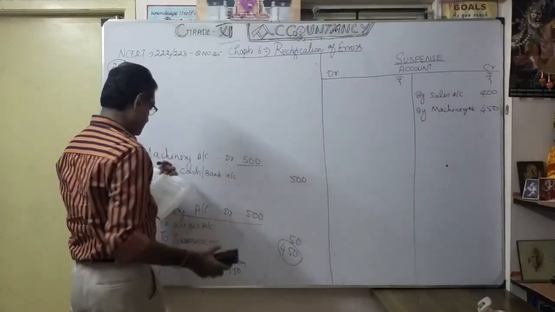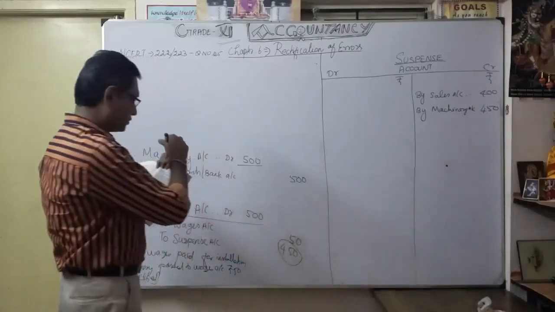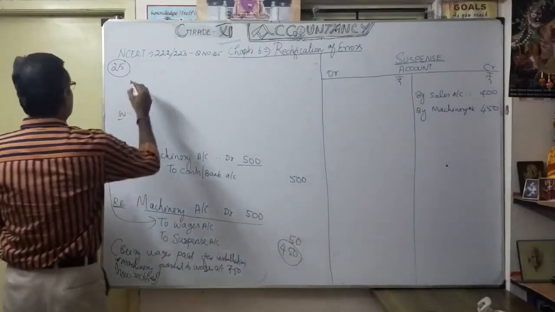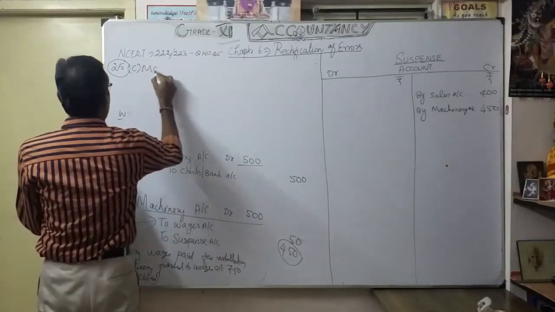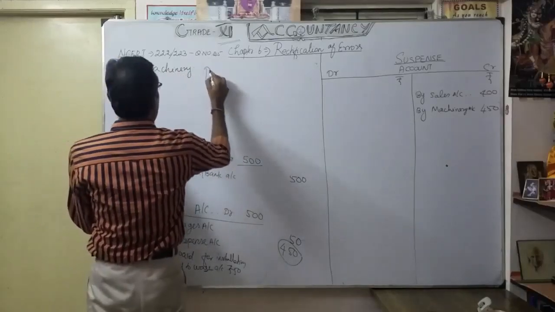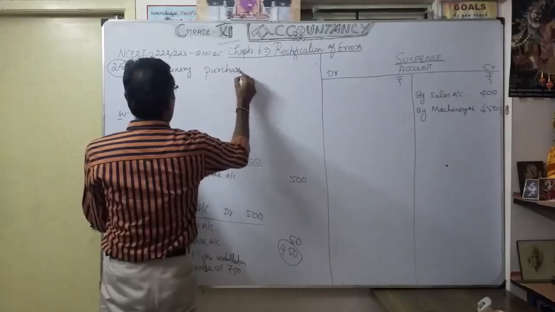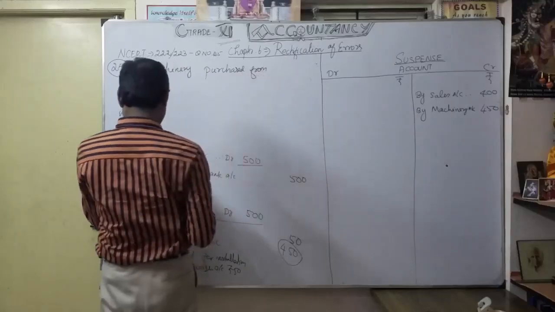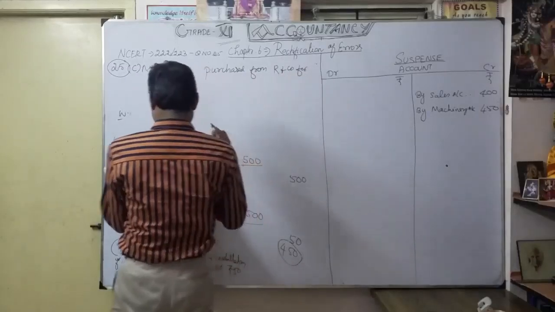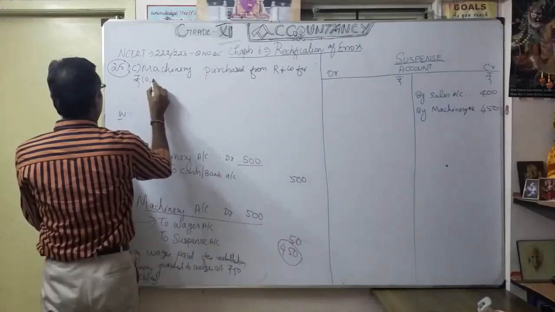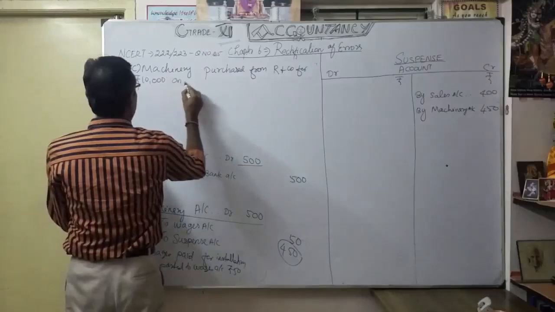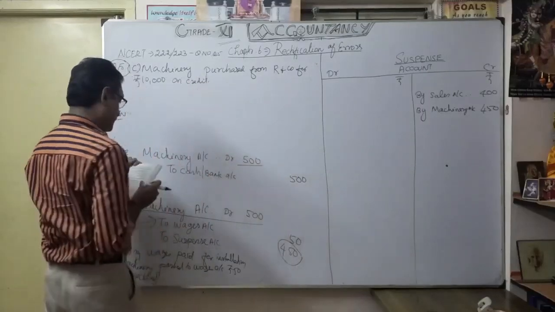So what is the third one? They gave: machinery purchased from R&Co for 10,000 on credit was entered in the purchase book. So, machinery purchased from R&Co, for rupees 10,000, on credit. What happened?